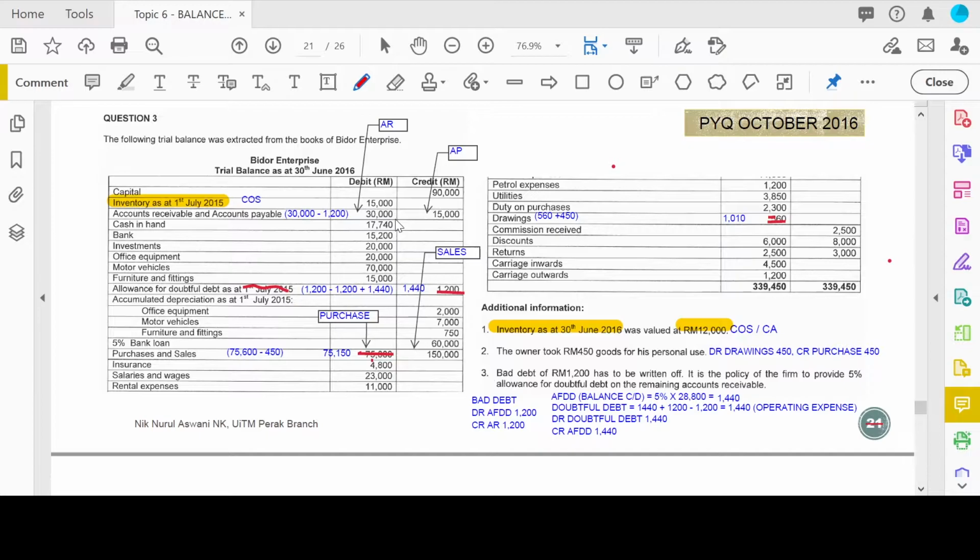All right, and then account receivable. So account receivable also will be replaced with 28,800. Where should I write that one? Here. This is for account receivable, yeah? Okay, it should be 28,800.